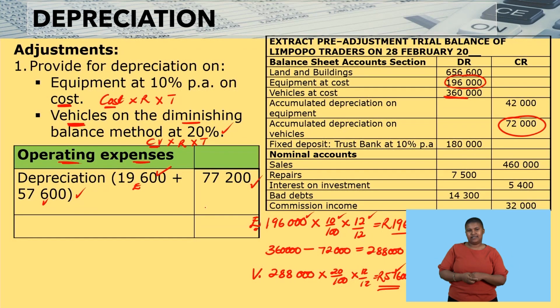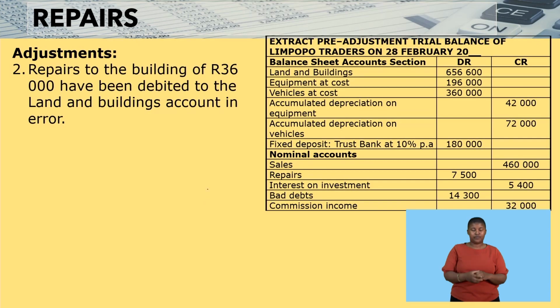Okay, let's look at adjustment number 2. It reads, repairs to the building of 36,000 have been debited to the land and buildings account in error. It is very important that we understand that land and buildings will only increase when we add new land and buildings or when we make an extension to the land and buildings.